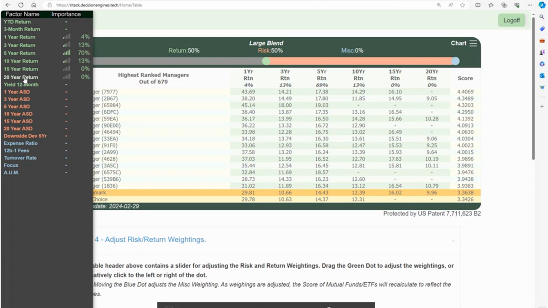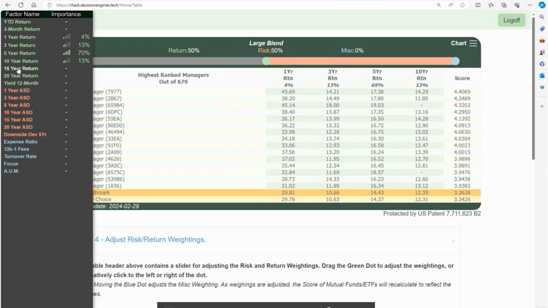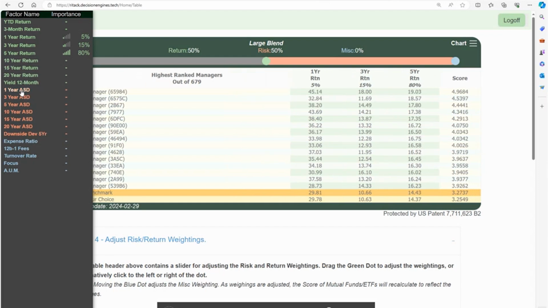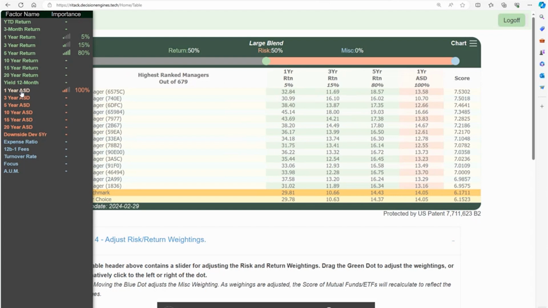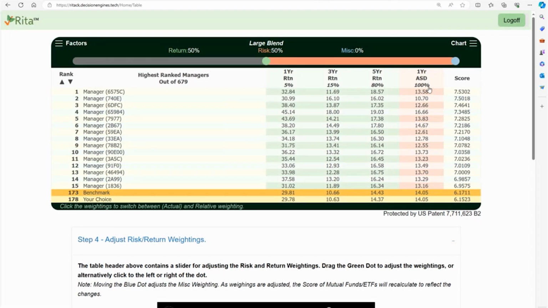The average annual return, if you use 1 year ASD, and Jack, go ahead and click that, get rid of 15 and 20 to give us a little bit more screen space. And then go in and click on 1 year average annual return. Okay, so here you see 13.58, and you see an average 1 year return of 32.84.